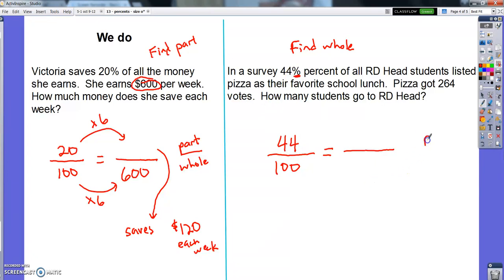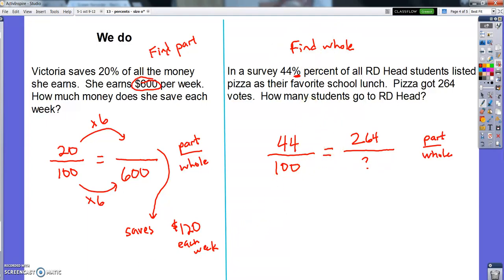Now, always with percents, I'm looking at a part to whole ratio. And here I know the part that voted for pizza, but I do not know the whole number of students. So I have to find the whole in this case.